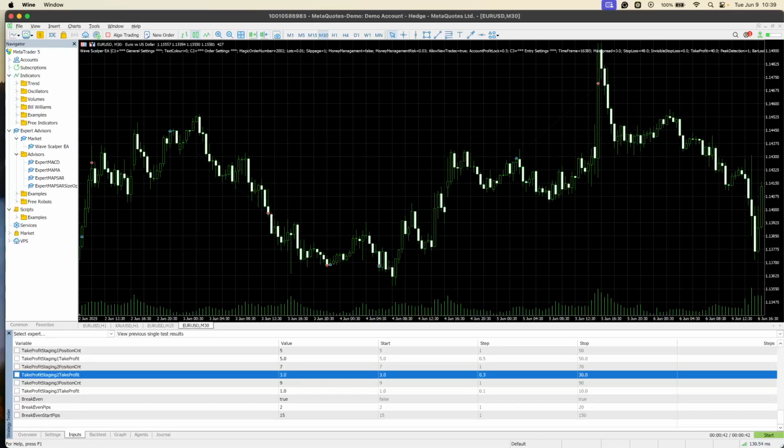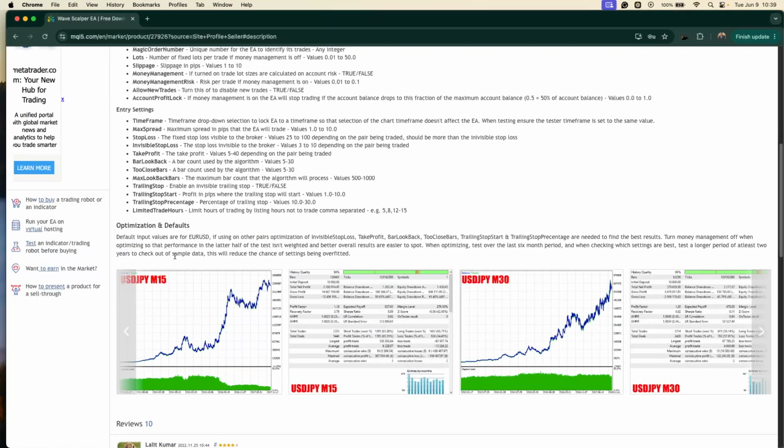This is a classic price action scalper, it's plug and play, and they recommend optimizing key inputs like the invisible stop loss, take profit, and all of that. But honestly, it can work okay in trending conditions, but it gets chopped up in ranging markets with losing streaks.